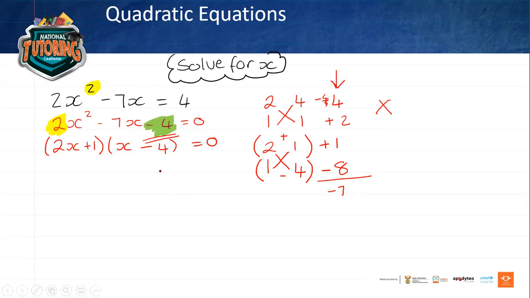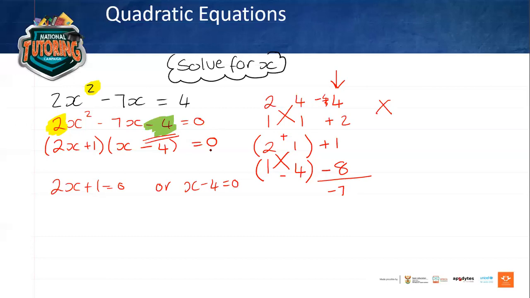You may have learned different techniques in solving these quadratic equations. This is just one of the techniques that I like to use, but go with whichever way is more comfortable for you. We still end up at the stage where we have a 0 factor. So we can say either the one factor is equal to 0 or the other factor is equal to 0.